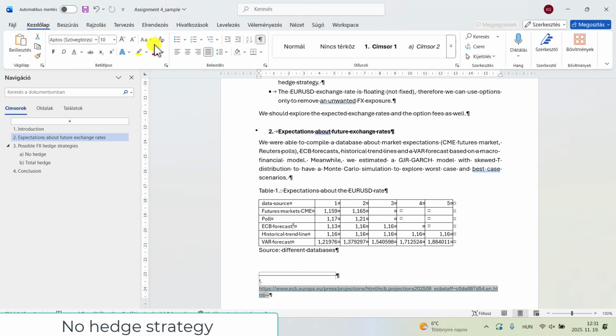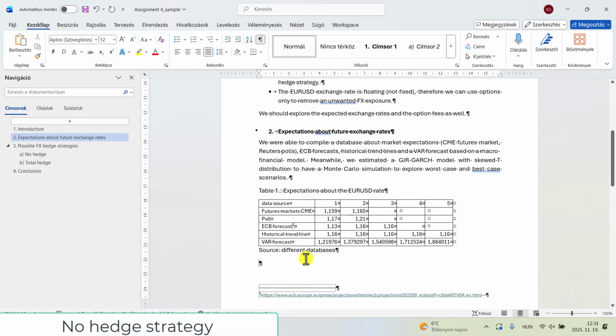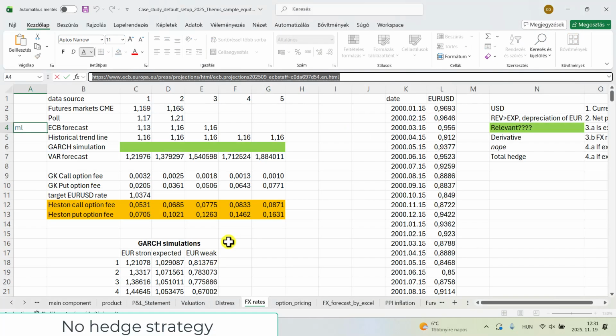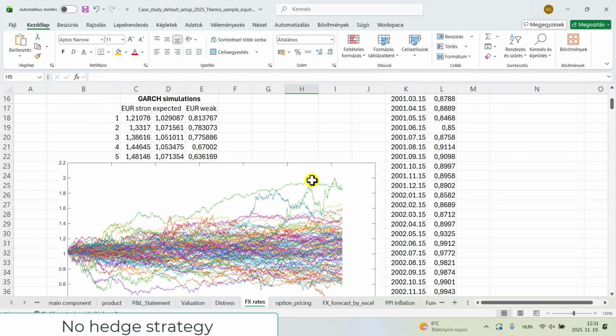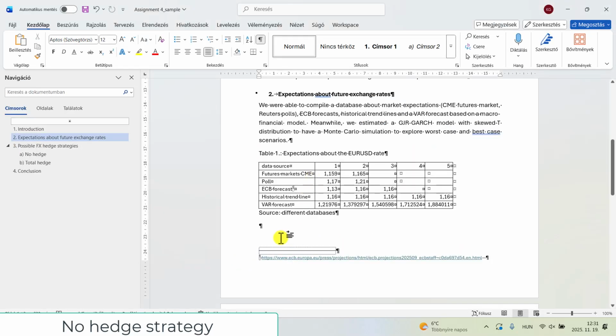That, okay, this is what we have here. And also for the GARCH simulations, the worst 500 and the best 500 extreme scenarios and unexpected.